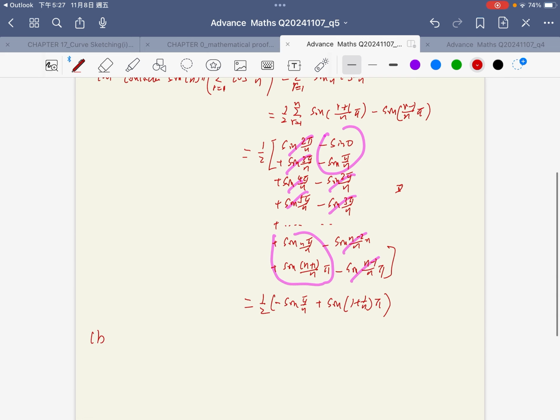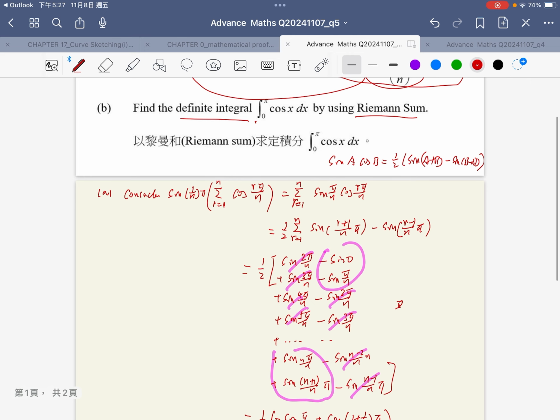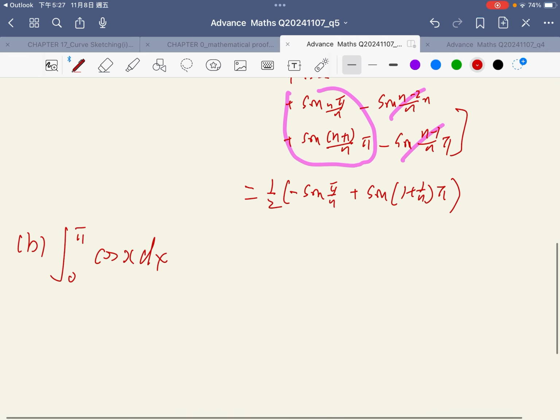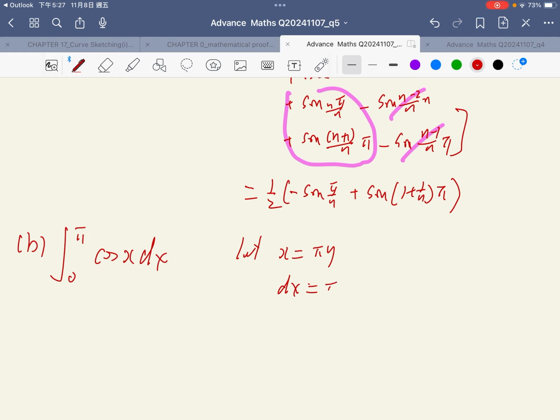Then for part B, by the Riemann sum of this integration from 0 to pi of cosine x, I first change x to pi y, then dx equals pi dy.